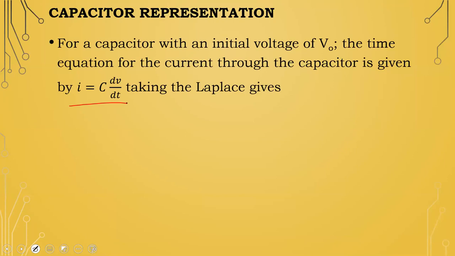So for a capacitor with an initial voltage V0, the current I would be equal to C dV/dt. As we did with the inductor, if we take the Laplace transform of this, then we get I equal to C[sV minus V at 0 minus].